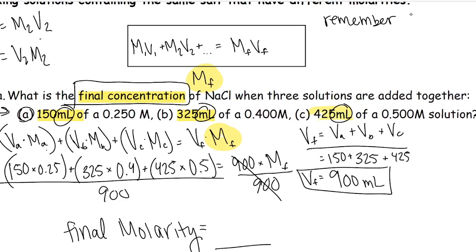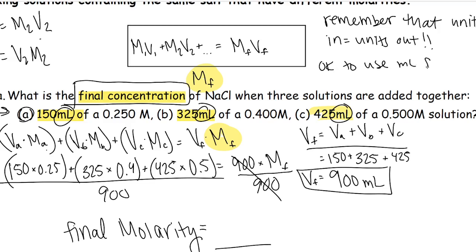And I'm also adding a note to remember that units in need to equal the units out. That means that it's okay to use milliliters or liters for volume as long as it's consistent.